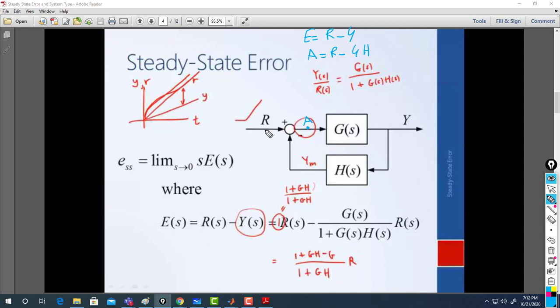But if I add h to the r, then what's the new a? It becomes rh minus yh, which means it's as if h is multiplied by (r minus y), which is h times the error. It's not the error.